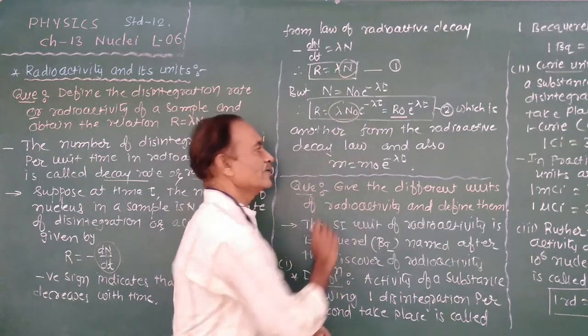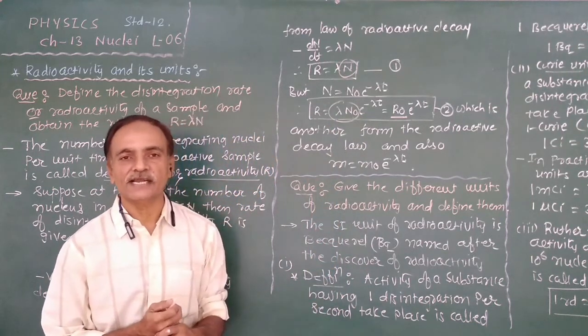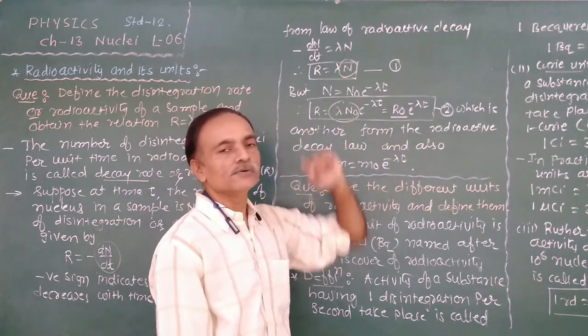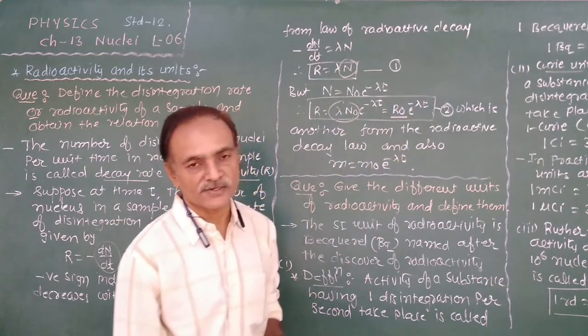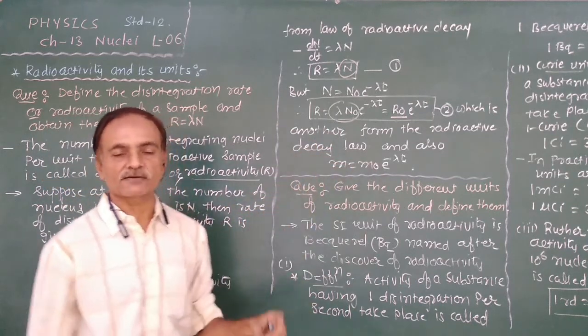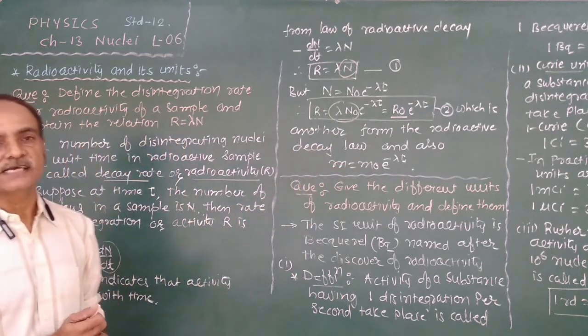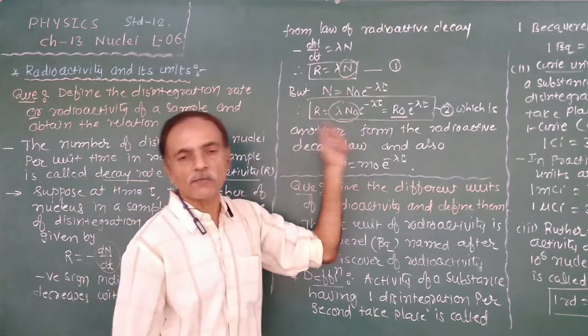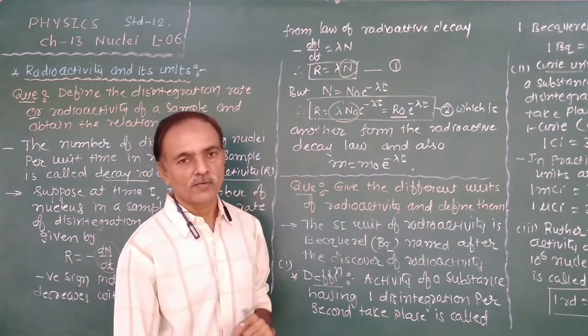Lambda into N0 is the initial radioactivity of a sample. Therefore, R is equal to R0 e^(-λt), equation 2. In a similar way, we can also write M is equal to M0 e^(-λt). So these are the different forms of the exponential law. Right?